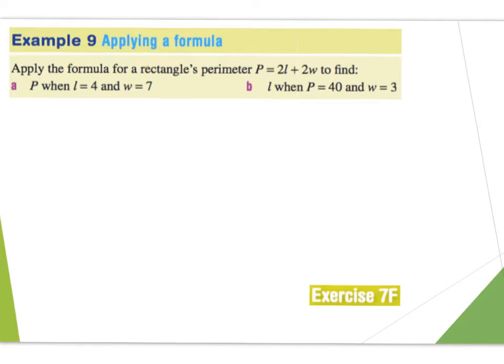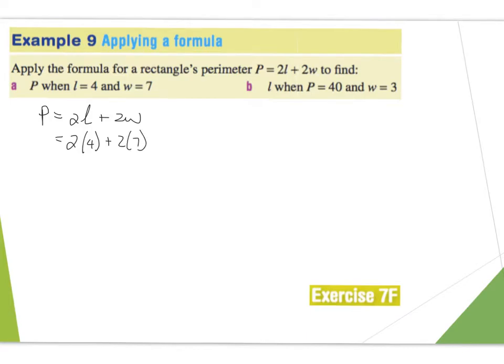So we're going to start off with the original equation saying P equals 2L plus 2W. They give us the value of L and the value of W. So we can replace the L 2 times. And I'm going to use a bracket saying L is 4 plus 2 times W, which is 7.